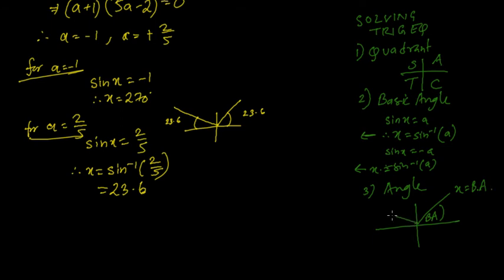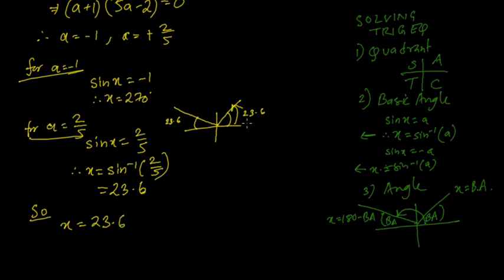If it's in the second quadrant, with 23.6 here, the angle would be all the way from here to here, so the angle would be 180 degree minus the basic angle. That's what we do. So in this sum, the first one is in the first quadrant, so this would be the basic angle itself, so x would be equal to 23.6.